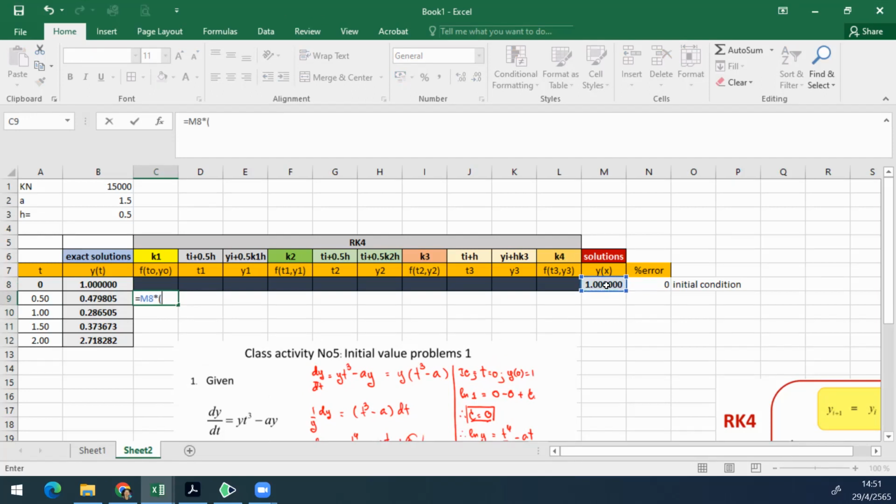I can rearrange the equation: it should be y times the open bracket, t power 3 minus a. That is maybe an easier formula, right? T is over here, power 3, minus a.